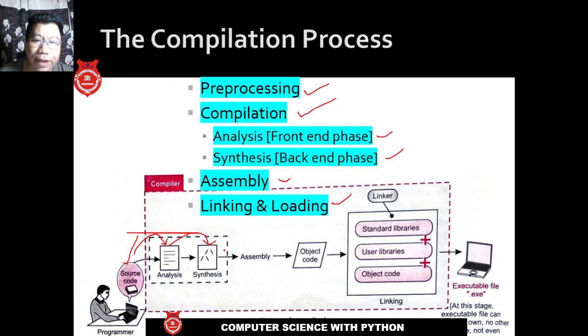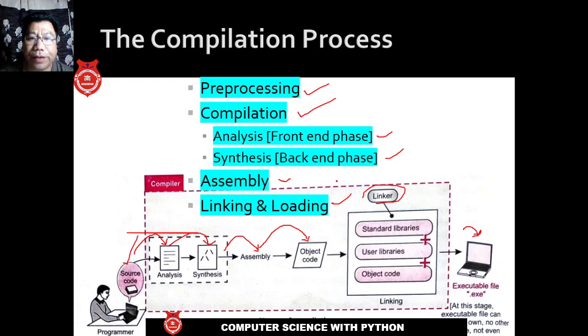Then the assembler will do the work and produce the object code. After this object code, the linker will do its job. It will link all the standard libraries, user libraries, and object code, and then it will produce an executable which can be run on the computer. This is the compilation process.